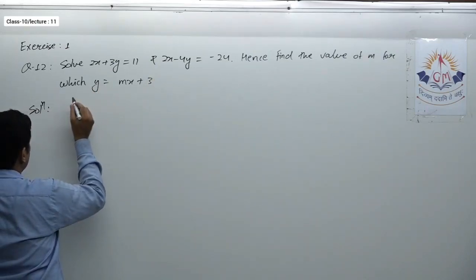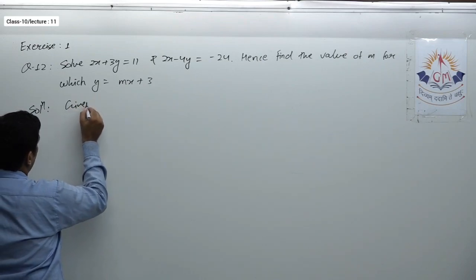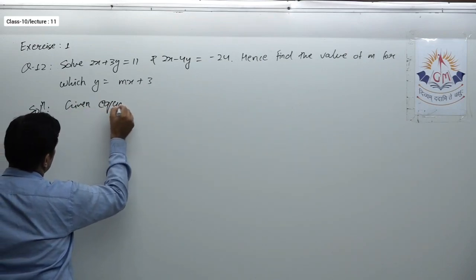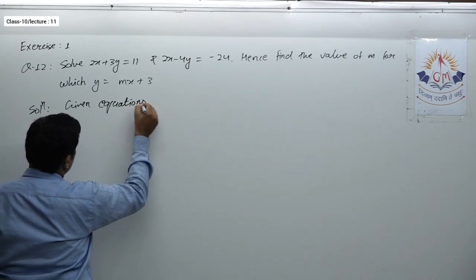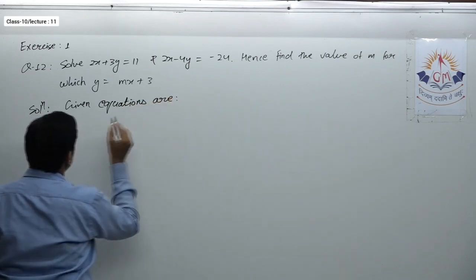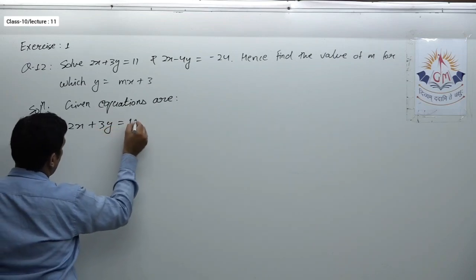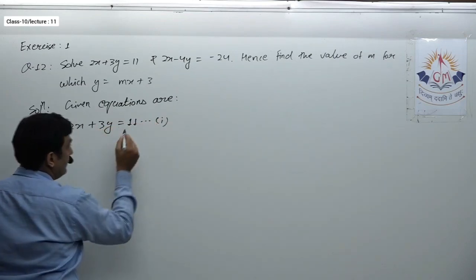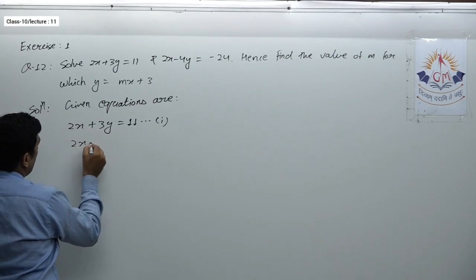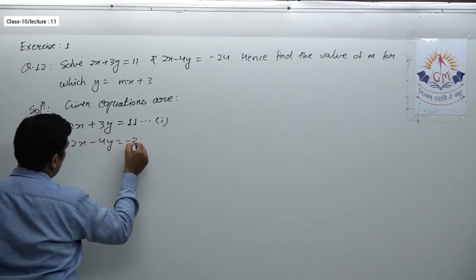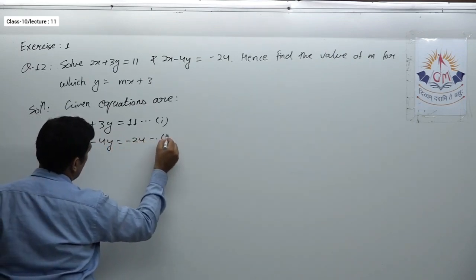So the given equations are 2x plus 3y is equal to 11, and 2x minus 4y is equal to minus 24.